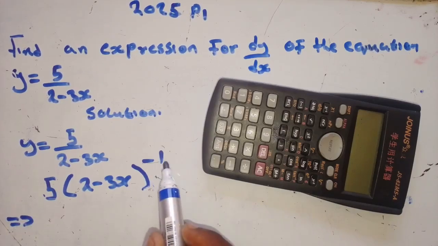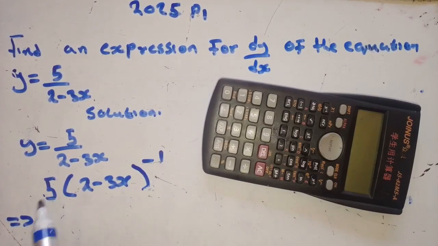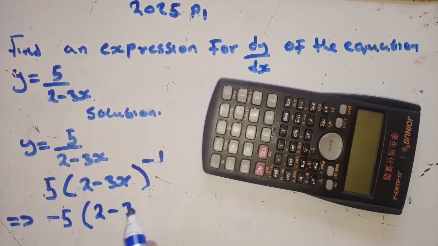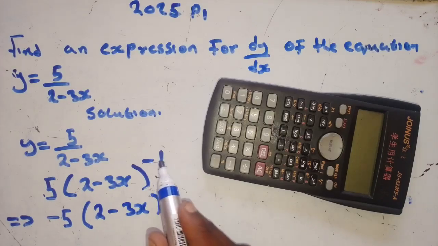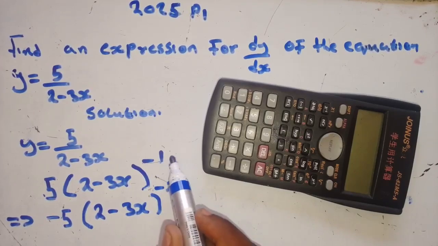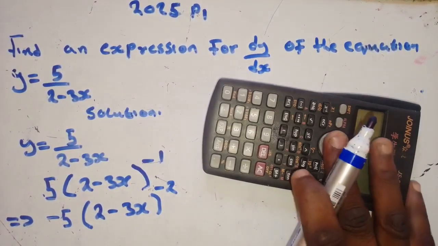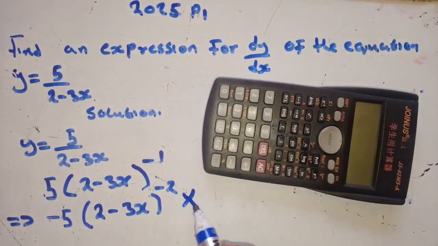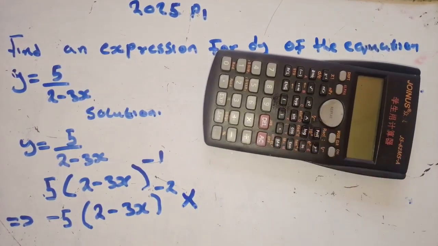I'm going to have negative 1 multiplied by 5, which gives us negative 5, open bracket, (2 minus 3x) to the power negative 1 minus 1. This will give us negative 2. Remember, we subtract the power by 1. Then we multiply by the differentiation of this one.